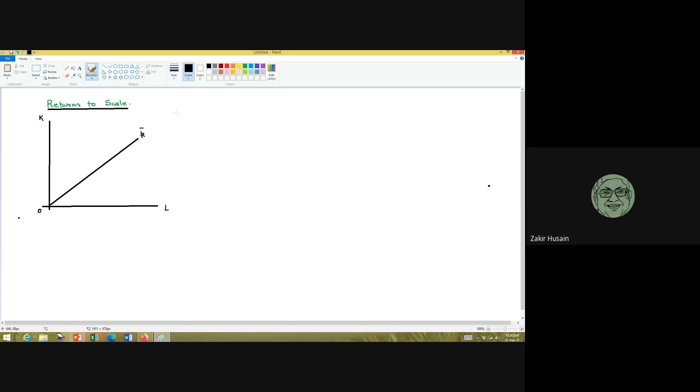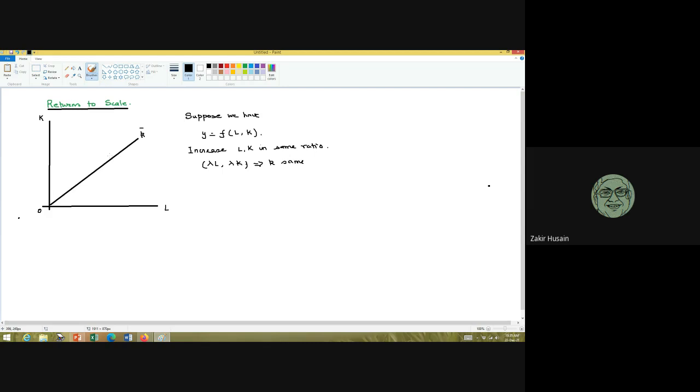So this is a constant labor capital ratio. So suppose we have, and we increase labor and capital in the same ratio. So we are increasing labor by lambda L, capital by lambda K, which implies that K is same, constant.